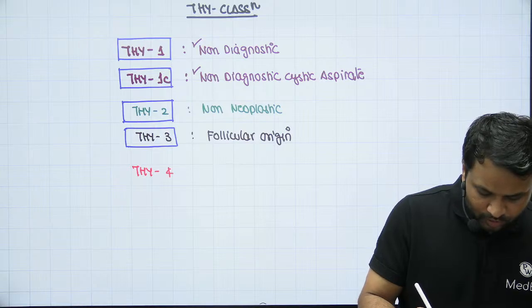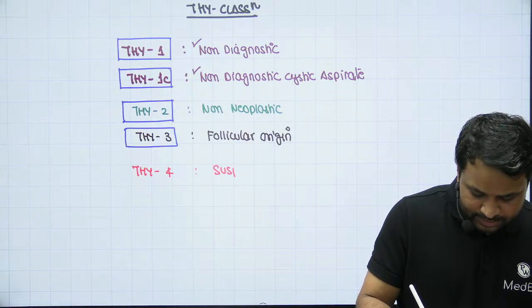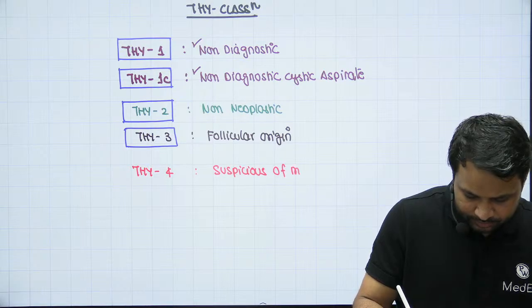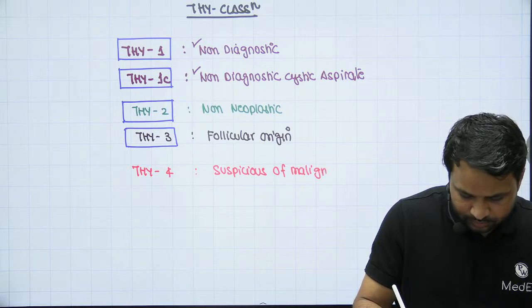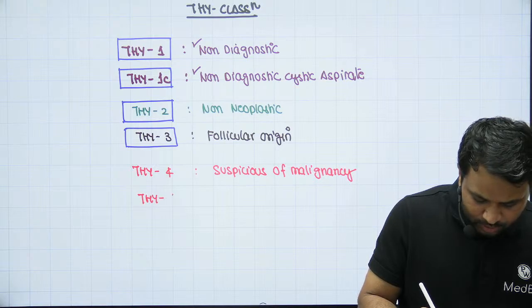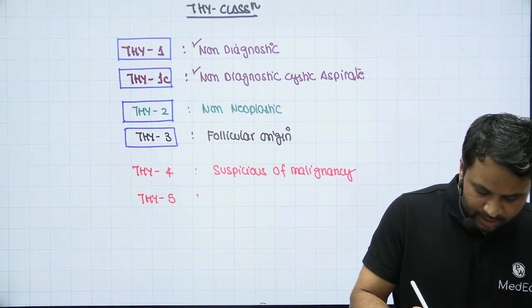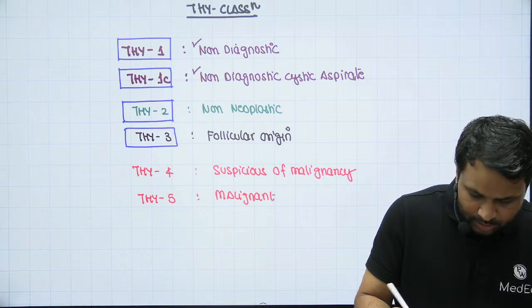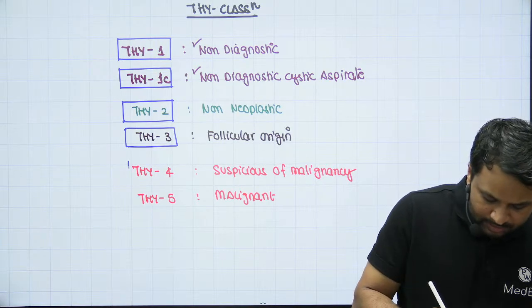Thy 4 is what we call suspicious of malignancy. And the last one that you have is the Thy 5 category, which is a malignant lesion, so it is a biopsy proven malignancy.